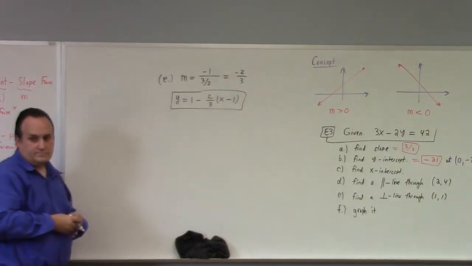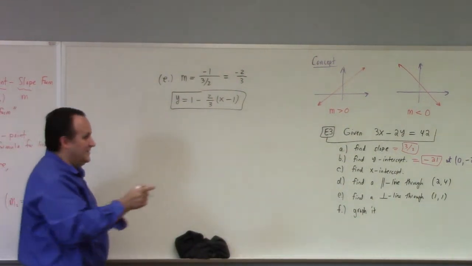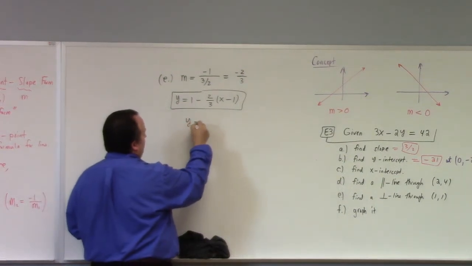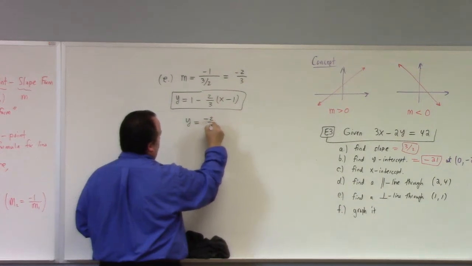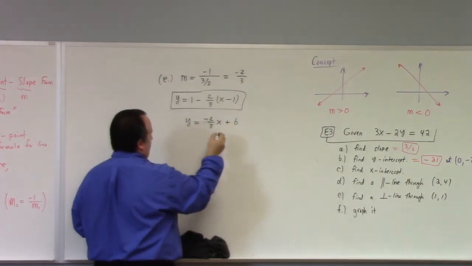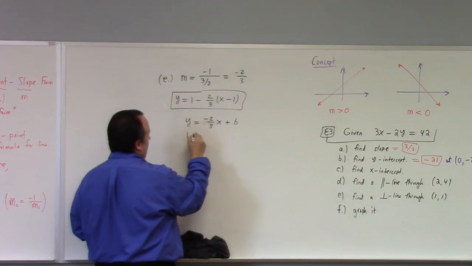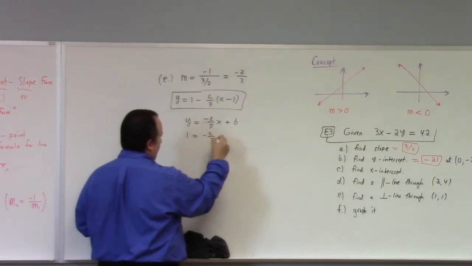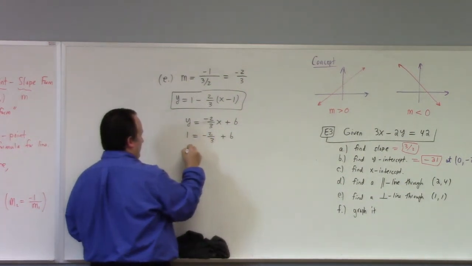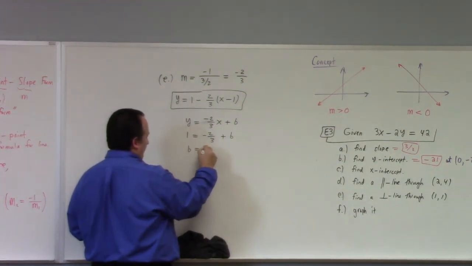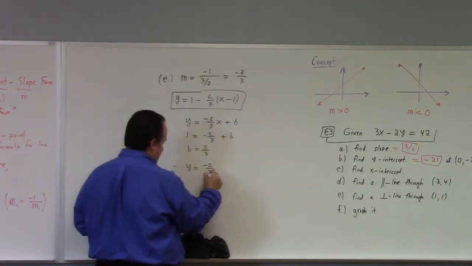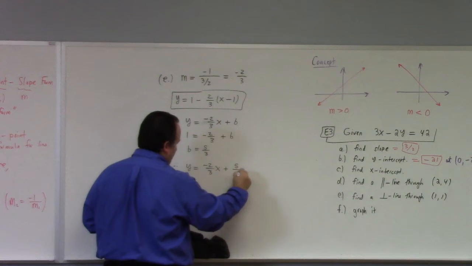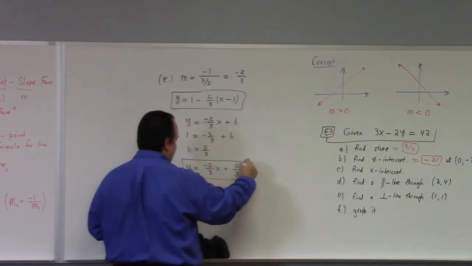Now, if we do it your way, we need y equals minus 2/3 x plus b. So with our point, 1 equals minus 2/3 times 1 plus b, and when I add, b is 5/3. So y equals minus 2/3 x plus 5/3 would be the equation for the perpendicular line.